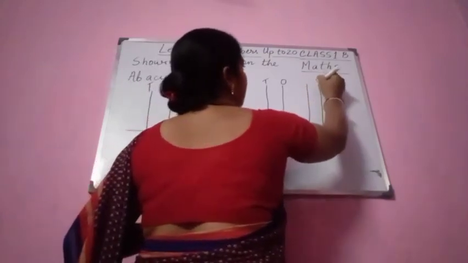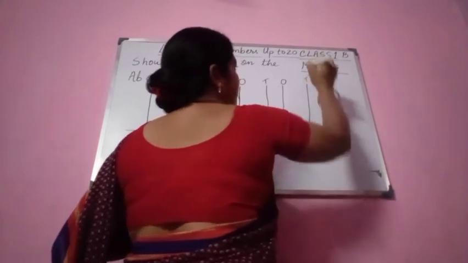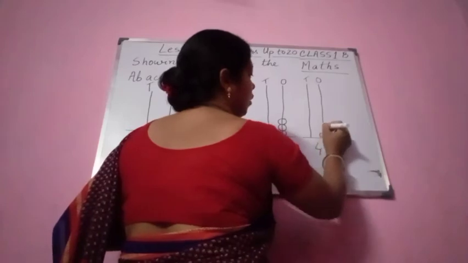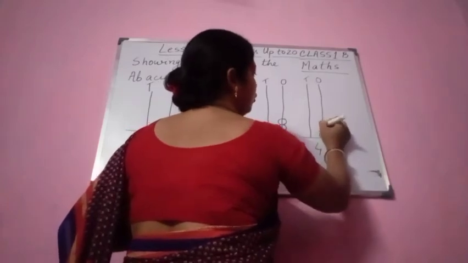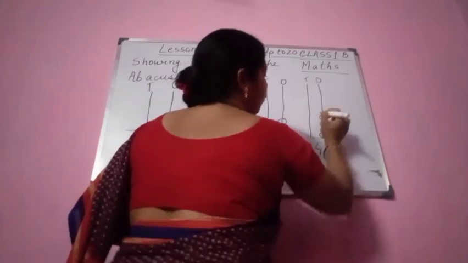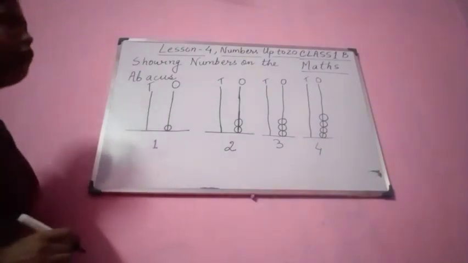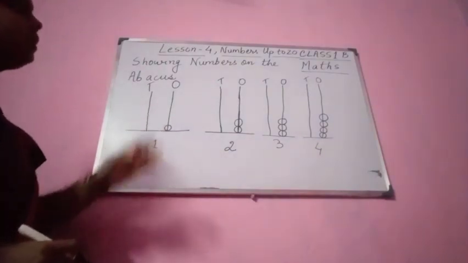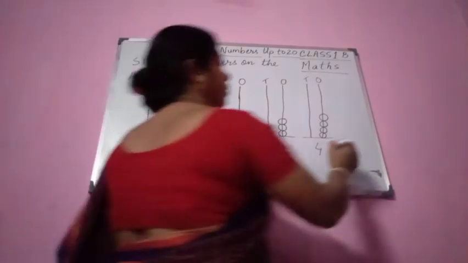Again you write down ones and tens here. So 4 you will show through 4 beads: 1, 2, 3, 4. You see here? So we are showing 4 on the abacus. Okay, 5.